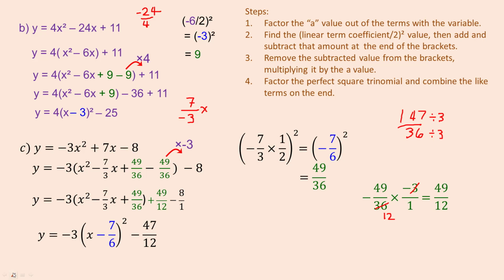Now, let's see here. The negative 8 here, see there's a 1 in the denominator. So if I multiply this by 12, to get the common denominator, we've got 49 over 12.